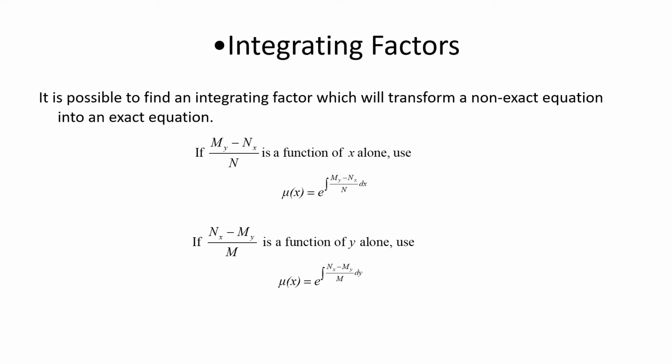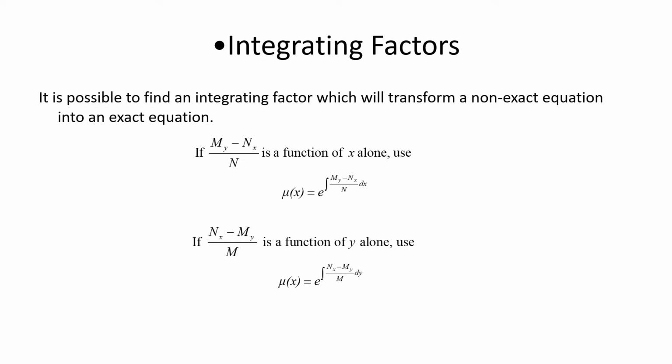If the partial of M with respect to y minus the partial of N with respect to x, divided by N, simplifies to be a function that only involves x, then we can use the integrating factor mu of x equals e raised to the integral of (the partial of M with respect to y minus the partial of N with respect to x) divided by N, times dx.